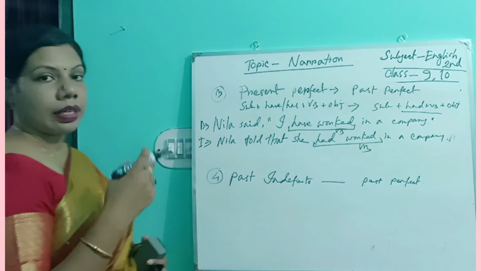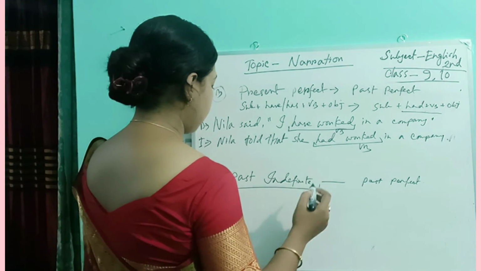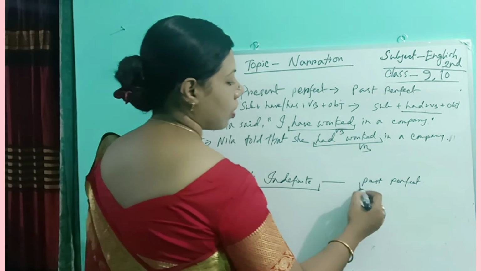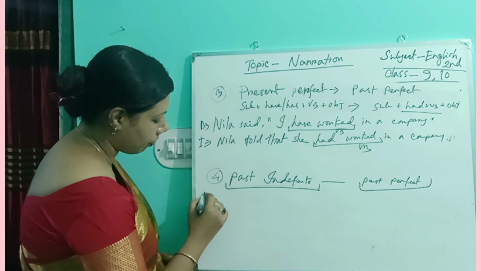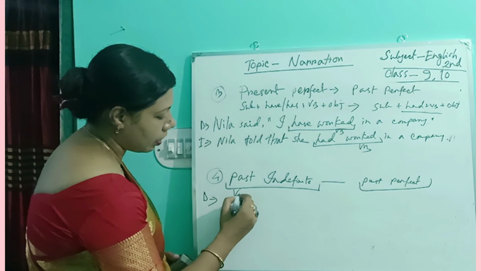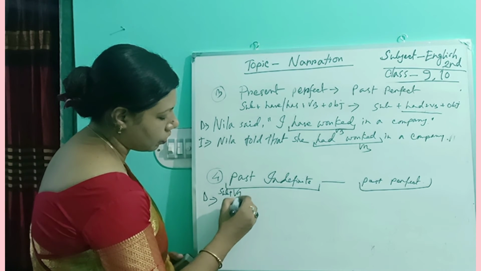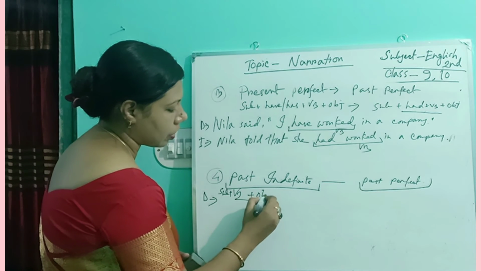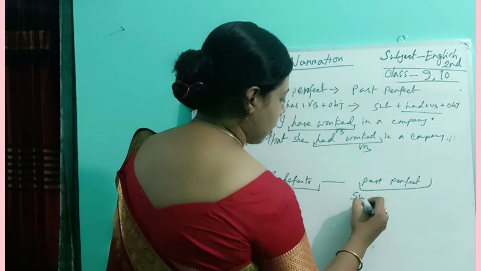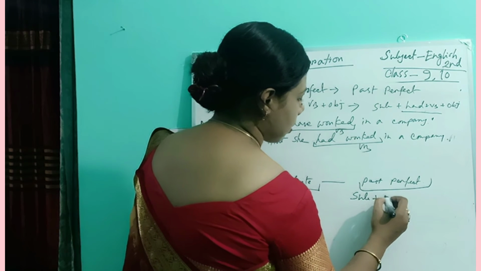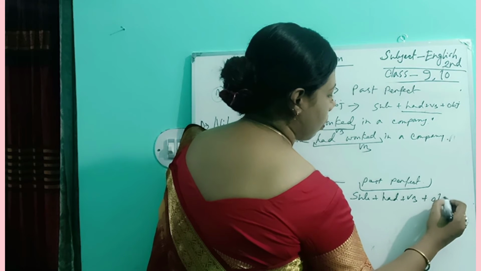Next rule: if the speech is given in past indefinite, it will be changed to past perfect. The form is subject plus verb 2 plus object. It will be changed into past perfect, that is subject plus had plus verb 3 plus object.